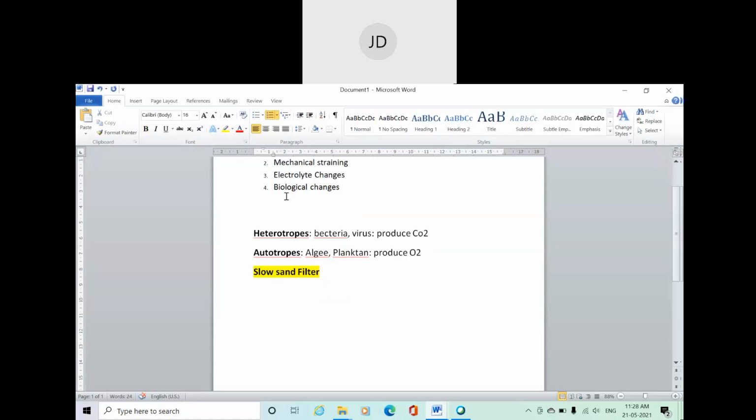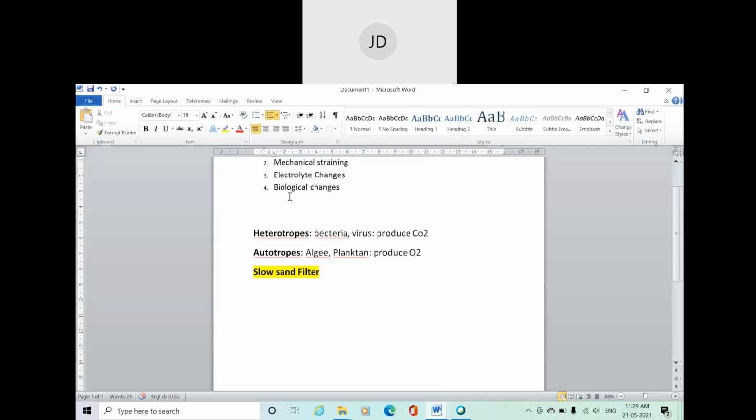Now, to get the layer of impurity on the top surface of the sand, what kind of sand do you need? It's logical that to create the film above the top layer, the voids of the sand must be small. That means the voids present in the sand must be less so that it can resist the movement of impurities downward.